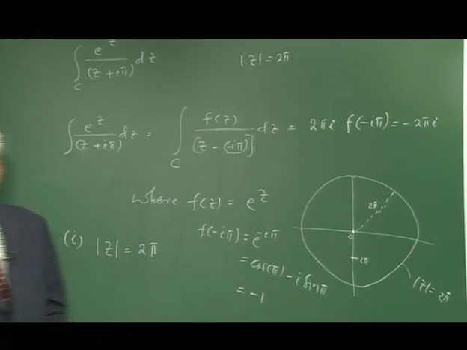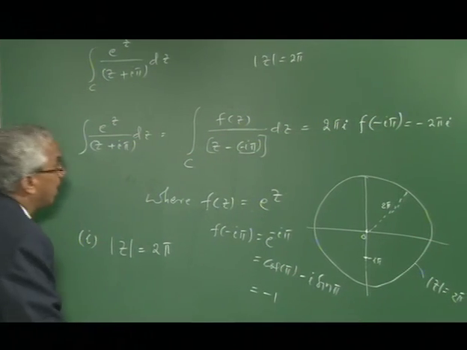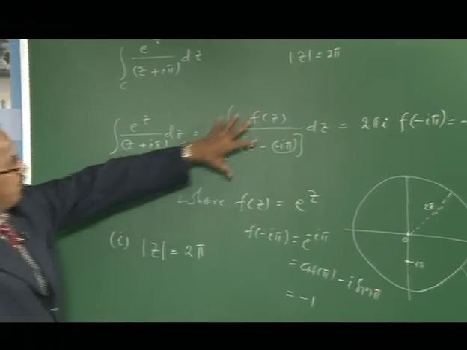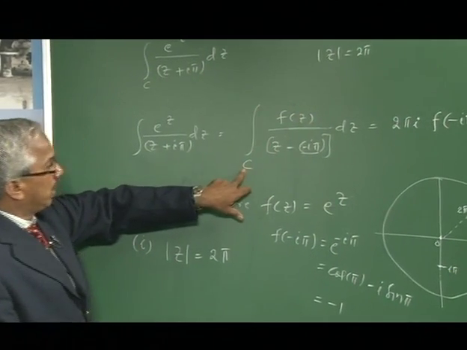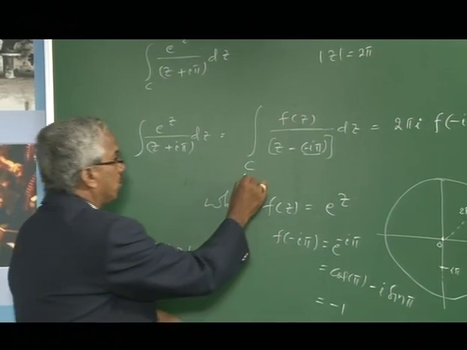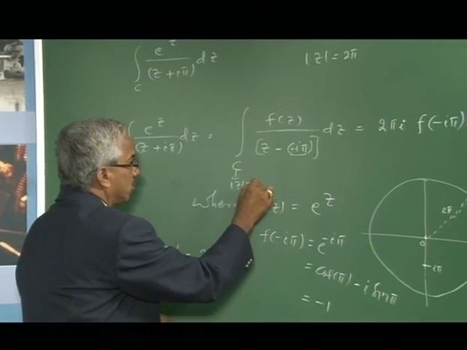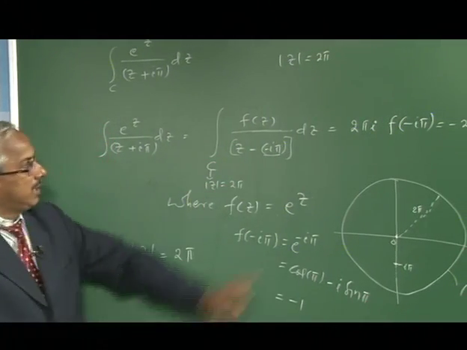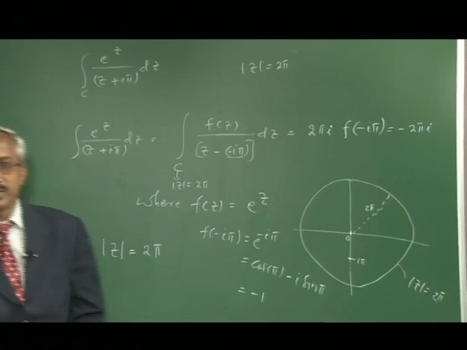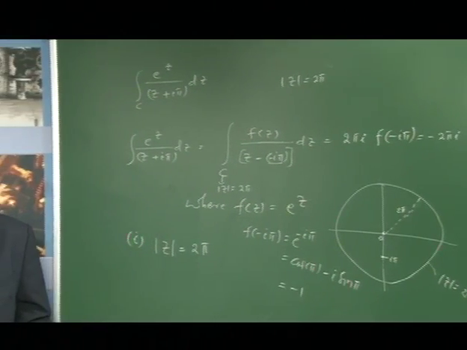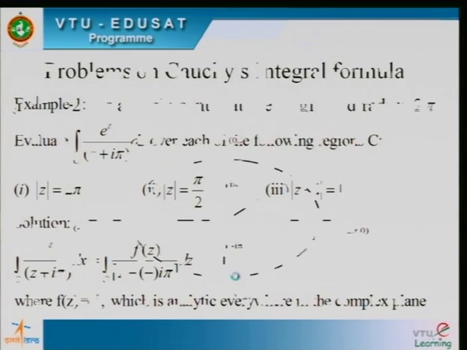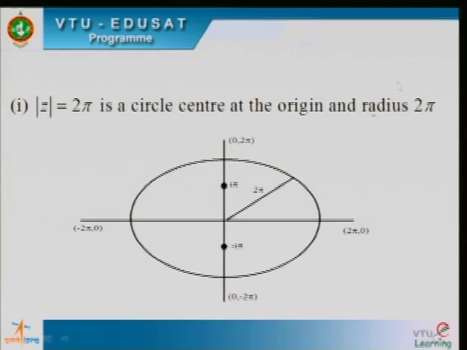So that is the integral of the complex function over the circle mod z is equal to 2 pi, and I got this result. This is the application of Cauchy's integral formula. It is a circle centered at origin, and minus i pi, even plus i pi, is also inside.